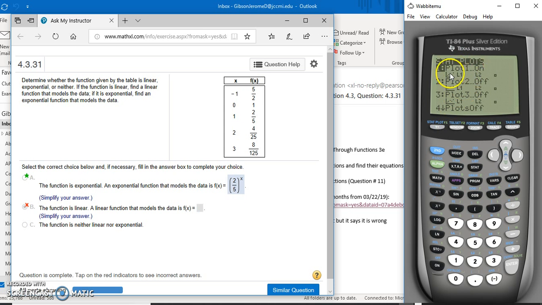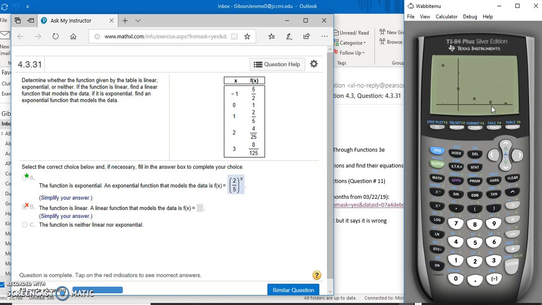If your plot is not on, you'll press Enter and then Enter again to turn on your plot. Okay, now we can go to Zoom, then ZoomStat and press Enter. And as you see, this is in the shape of an exponential regression. This is basically how an exponential regression goes.